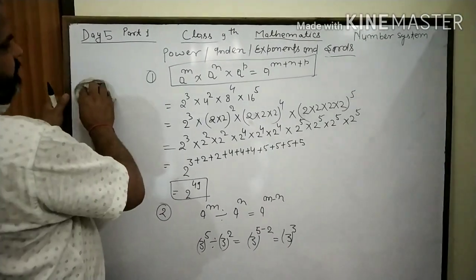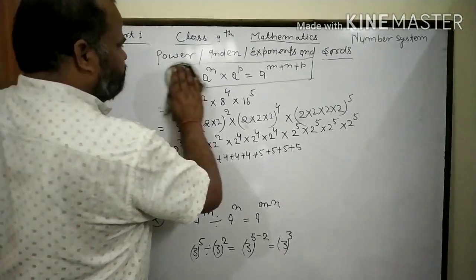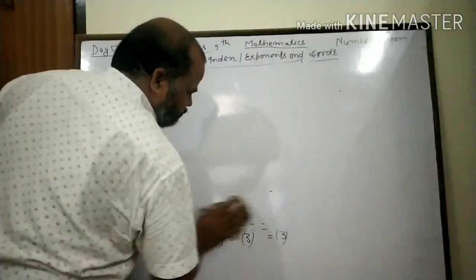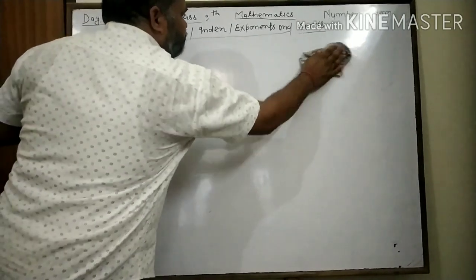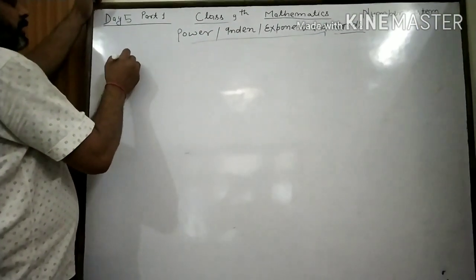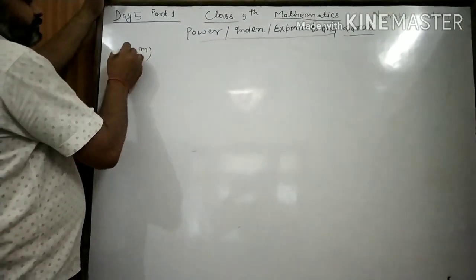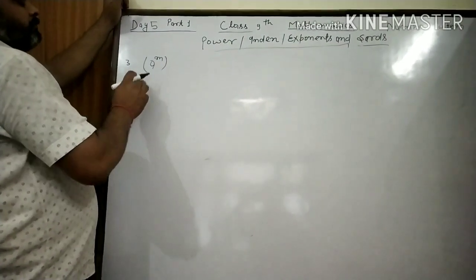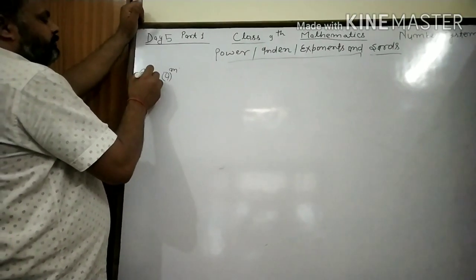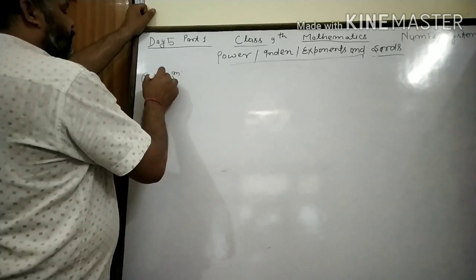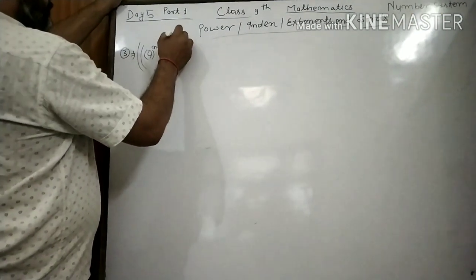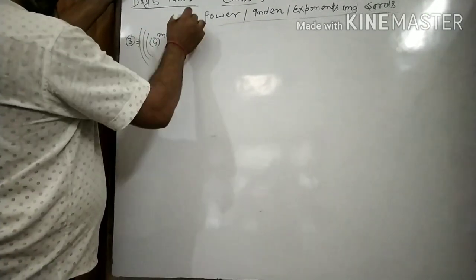Suppose in the question, the third one: a to the power m to the power n to the power p to the power q.